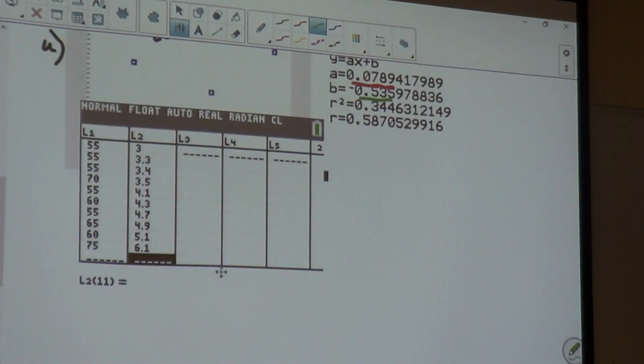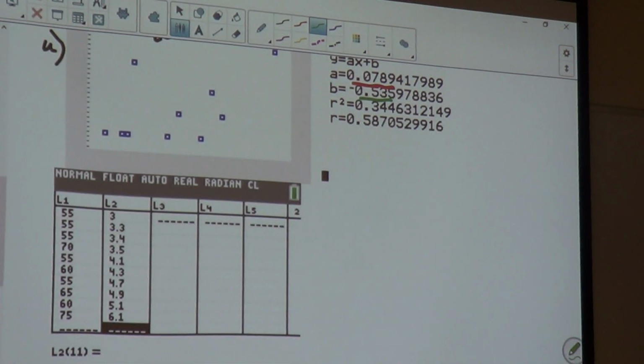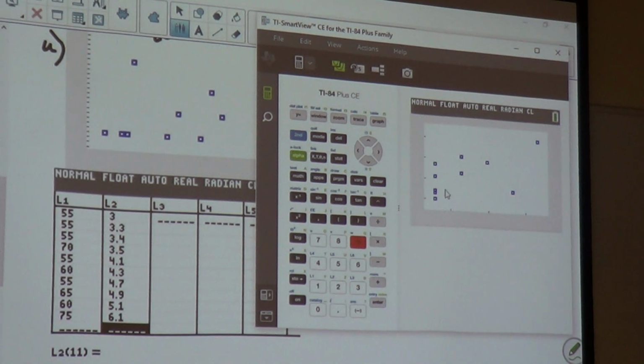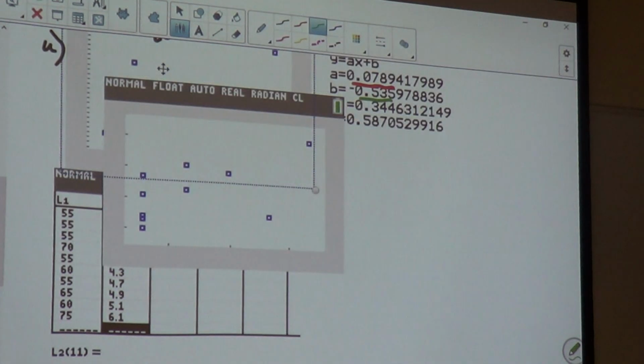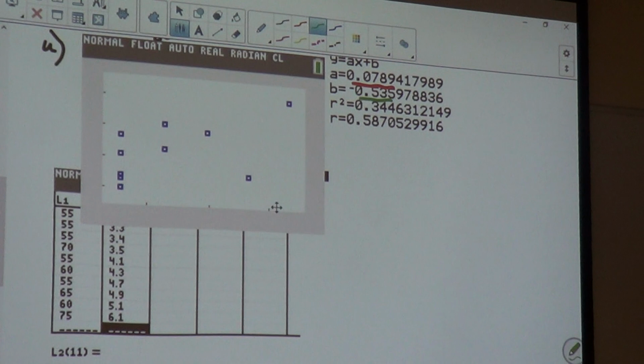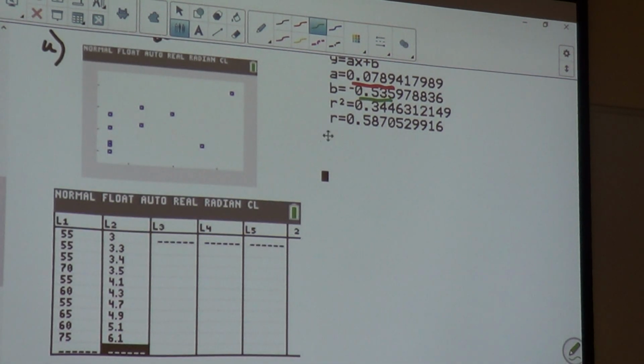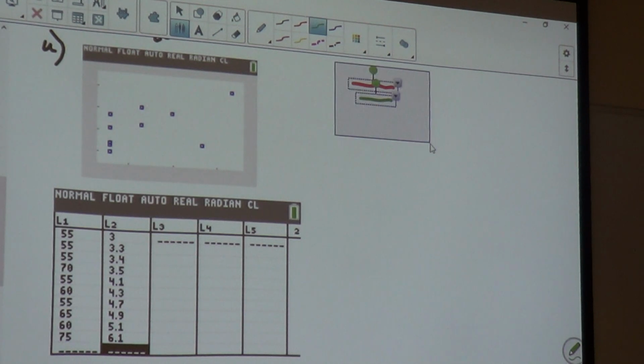Pull that down. So now let me do Zoom 9 and see if I have any changes. Oh, does that look better? My bad. Okay, so there's my Zoom 9, which means this is going to be off.